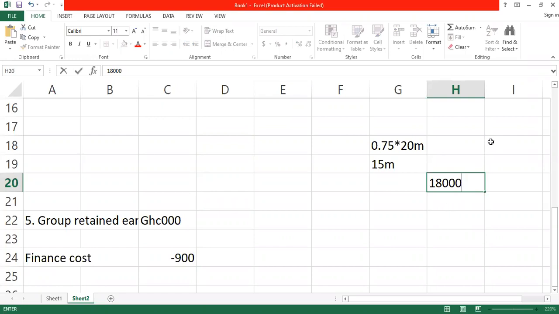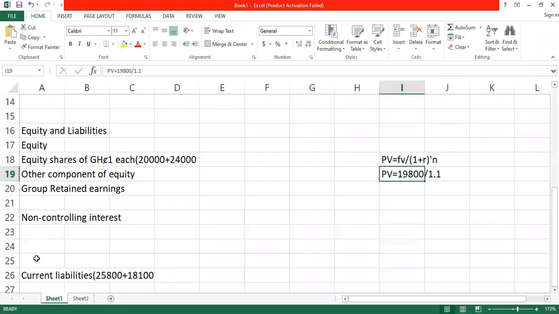After 6 months they are going to pay interest of 900. So what will be the total liability for them now? It will be 18,900. So you put non-current liability here, then you put the deferred consideration under it.